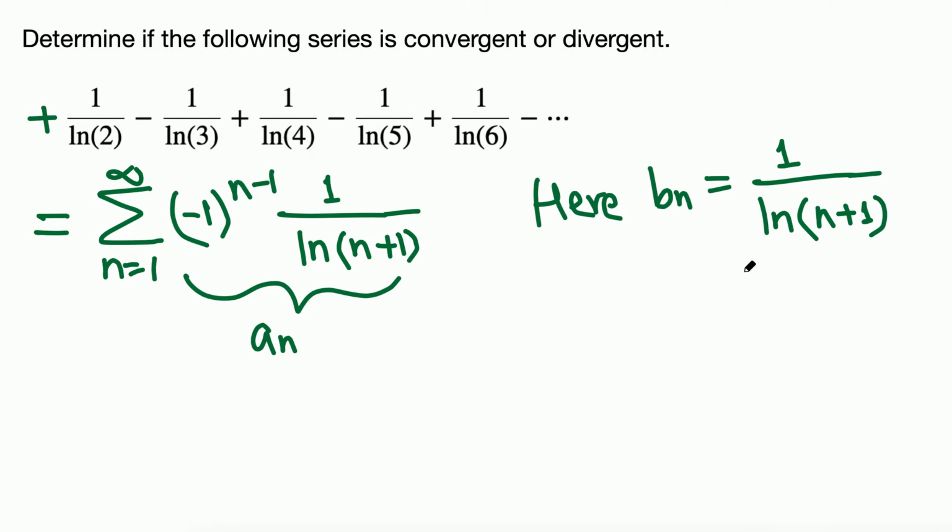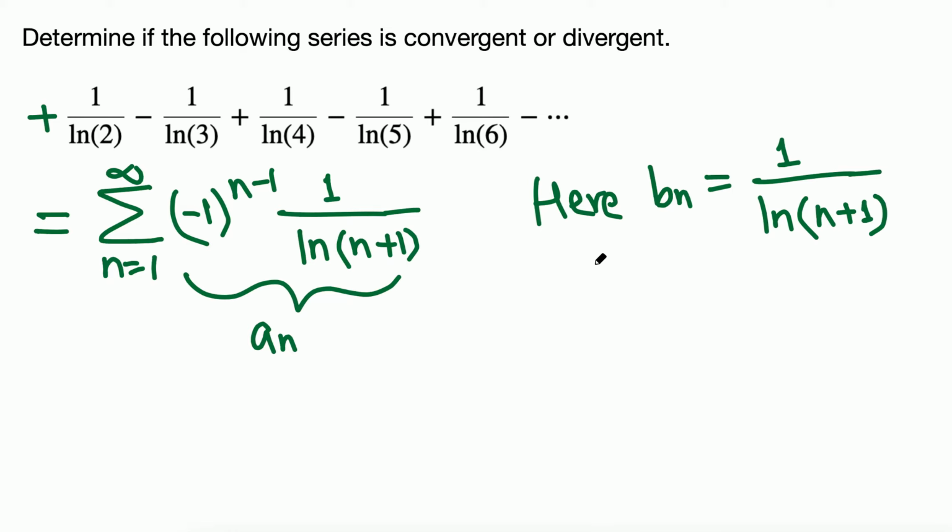Okay, now we need to figure out if these bn's are decreasing and if they decrease to 0. If those two things happen, then by the alternating series test we can confirm this series converges. Okay, two things. The bn's should be decreasing. That means we need to check if bn and the next term bn plus 1 is smaller.